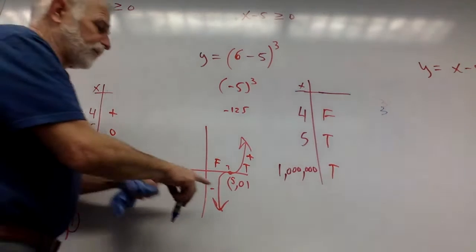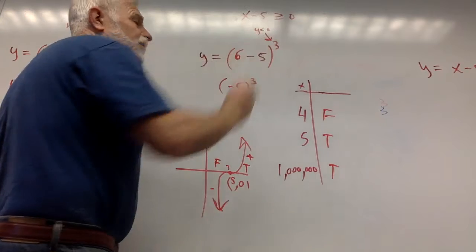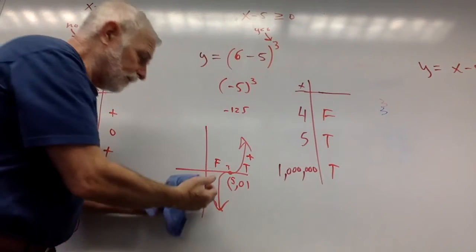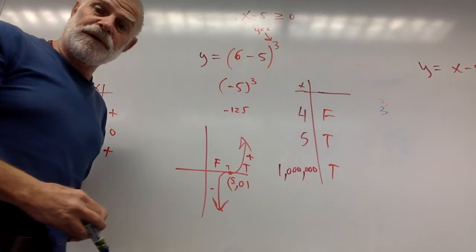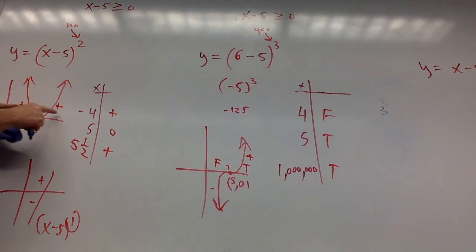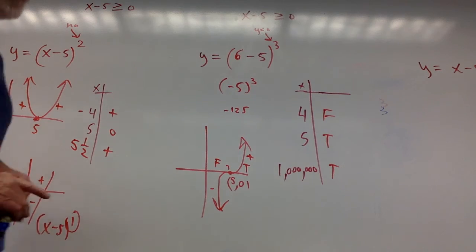When we did it to the 3, yes, sign change. The outcomes of the cubing process went from negative to positive when we did cubing. It didn't when we did squaring. It did when we did it to the first power. I wonder what it's going to be when we do it to the fourth.